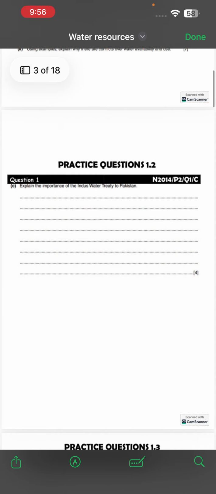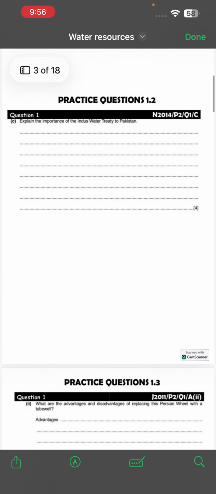Alright. Now we have practice question number 1.2. Explain the importance of the Indus Water Treaty to Pakistan. The Indus Water Treaty was basically signed under the supervision of the United Nations. What is the Indus Water Treaty exactly doing? It is ensuring that India does not restrict Pakistan's water supply, right?